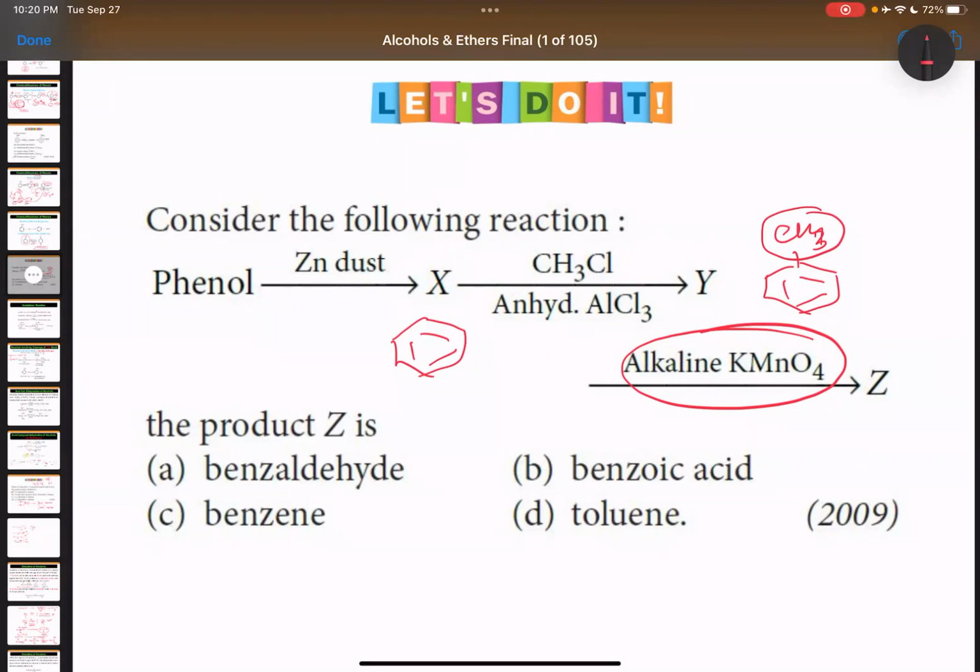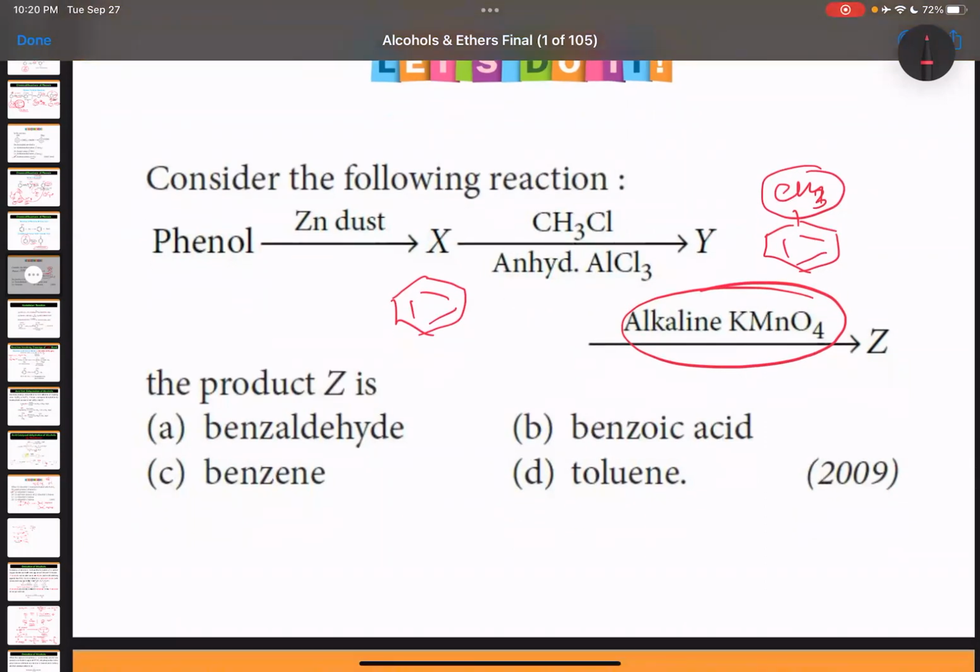Yes, sir. That will get oxidized completely to COOH, irrespective of the number of carbon atoms. So if you have methyl, ethyl, propyl, butyl, whatever you have, they will get oxidized to COOH.